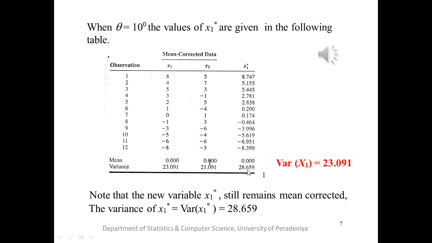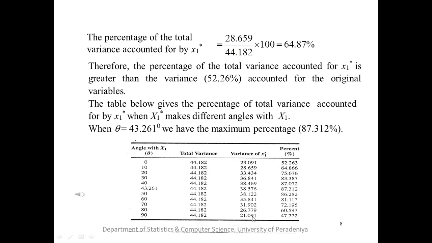Now, compare the variance of x1 star with the variance of x1, which is 23.091. After rotating the x1 axis we obtain the new variable x1 star, and its variance is higher than x1. Therefore, the percentage of total variance accounted for by x1 star is also higher, and it is now 64.87%.